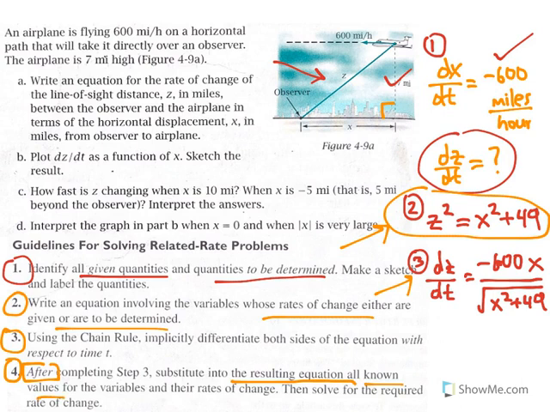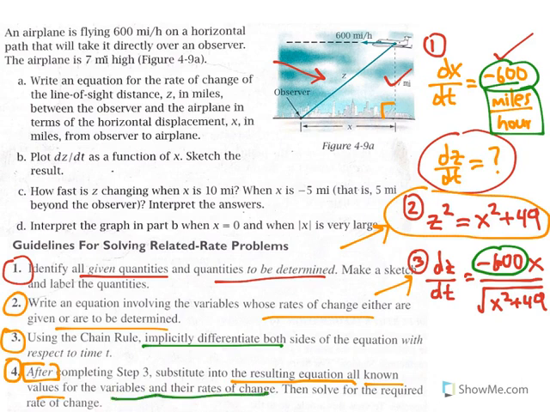We kind of did that because we substituted negative 600 miles per hour for dx dt at the end of step 3. And that's how we got the negative 600 here. After you do the implicit differentiation, substitute into the resulting equation all known values for the variables and their rates of change. Then solve for the required rate of change. So with this now, we can do step 4.